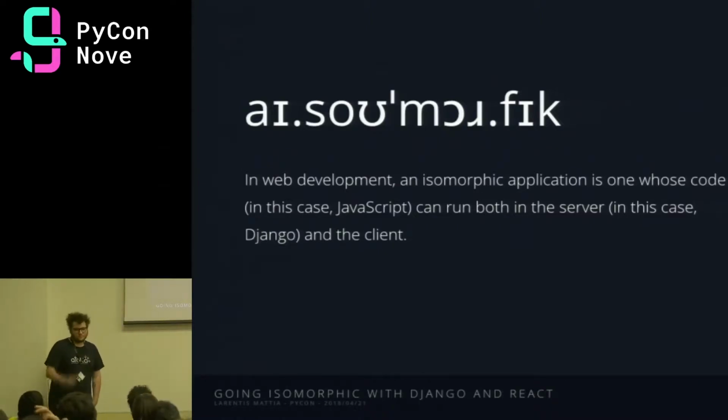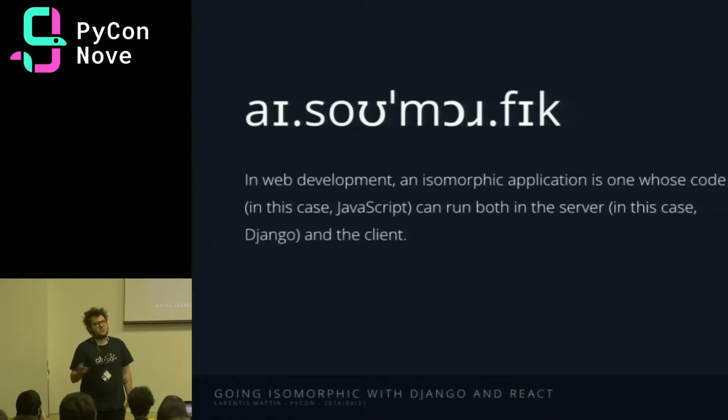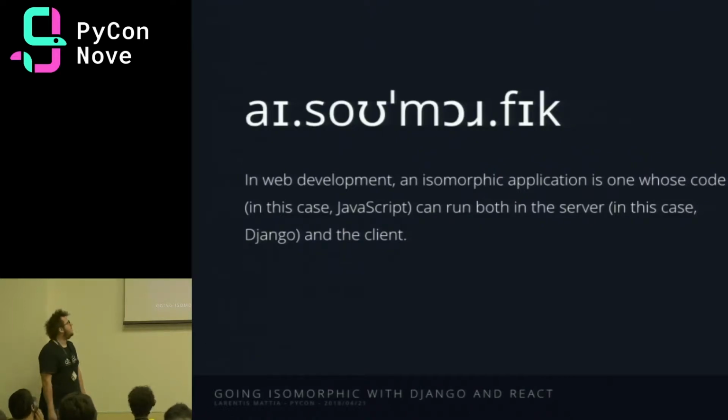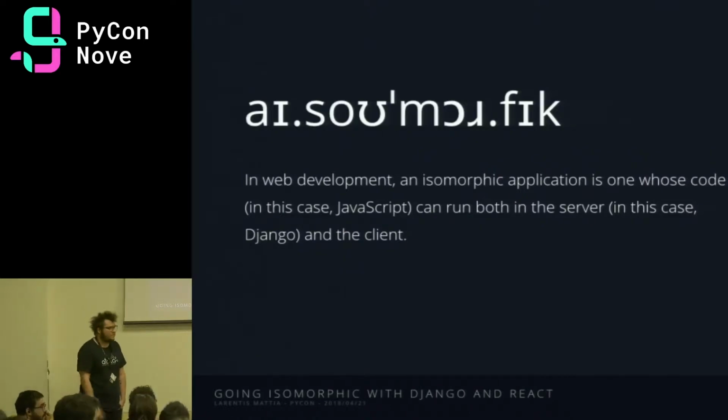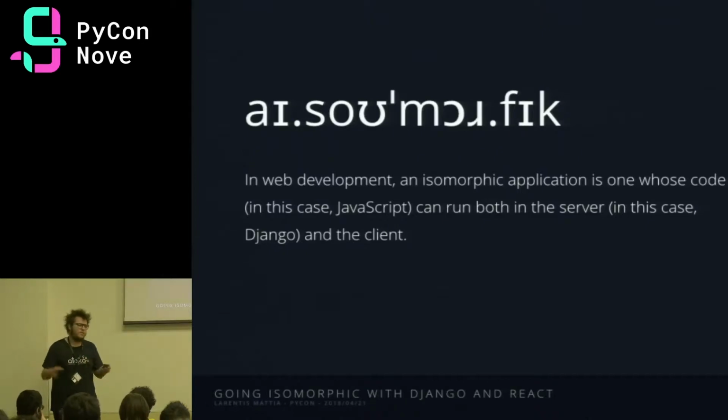React is a library written by Facebook that basically helps developers build the web using components, and it's a fancy way to write JavaScript or TypeScript in our case. And React allows you to write isomorphic code. What does it mean? It means that you can write code that runs on the browser and on the server at the same time with the same code, somehow.